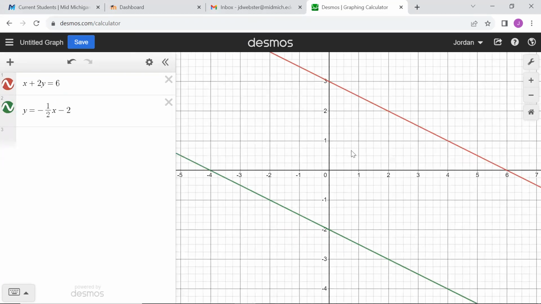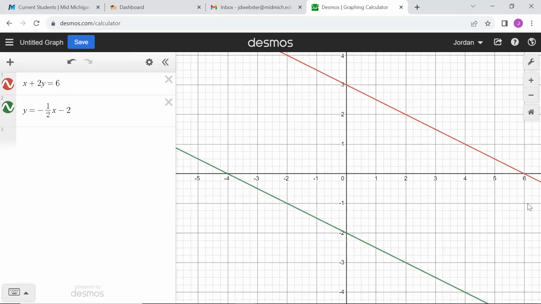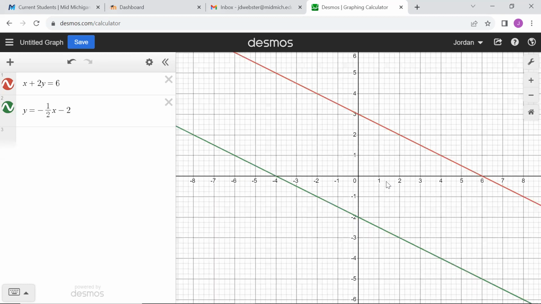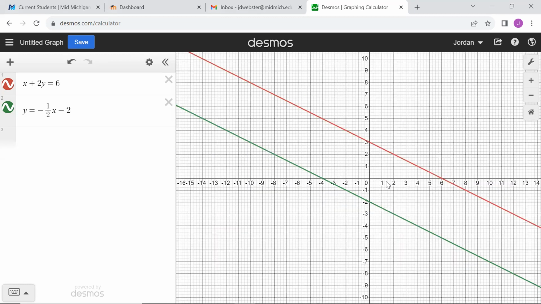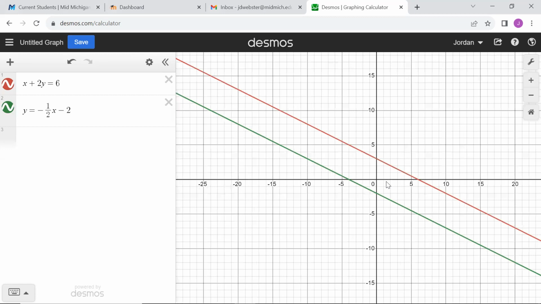What you'll notice is that these two lines don't look like they connect in this zone. Now, if you scroll out, they might connect. No, they don't. So you'll notice these two lines are running parallel to each other and therefore are never going to cross.